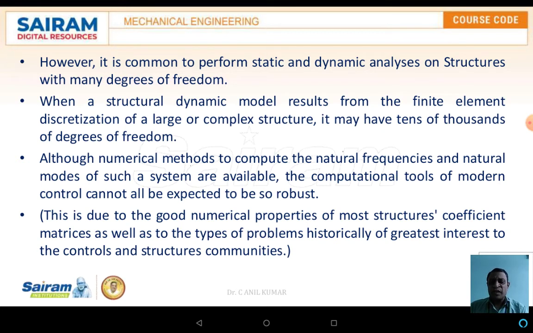Although numerical methods to compute the natural frequencies as well as the natural modes of such systems are available, the computational tools of modern control cannot all be expected to be as robust.